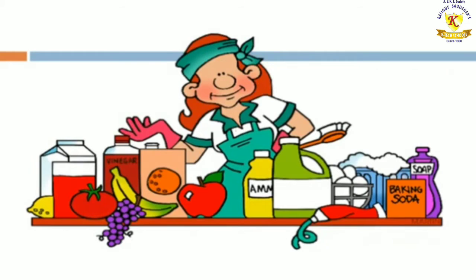Now, children, we consume many food items in our daily life. For example, lemon, tamarind, tomato, sugar, vinegar, salt, and many more items. Can you tell me, do all the items taste similar?